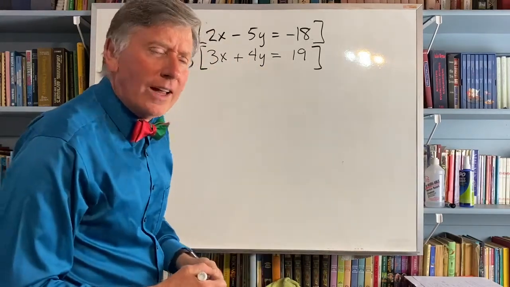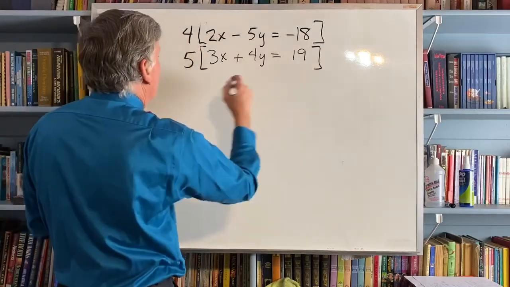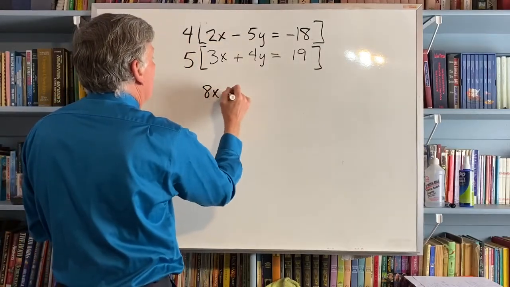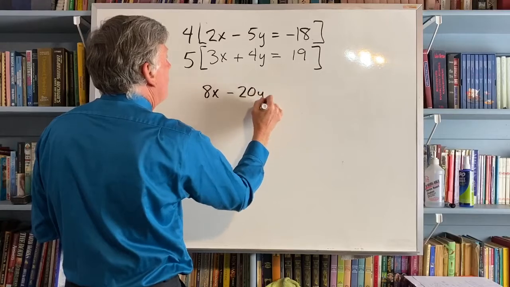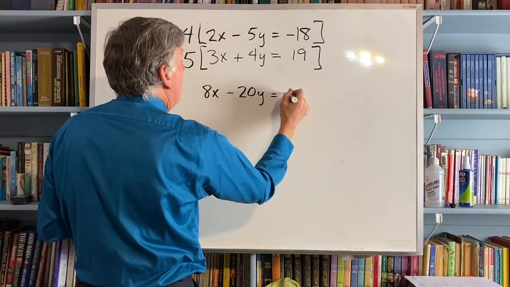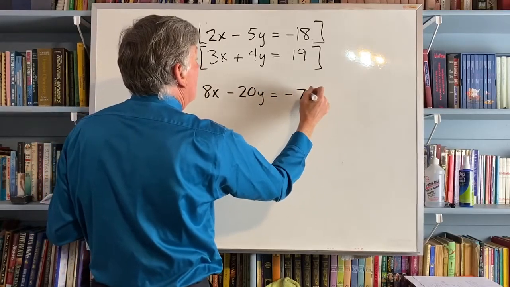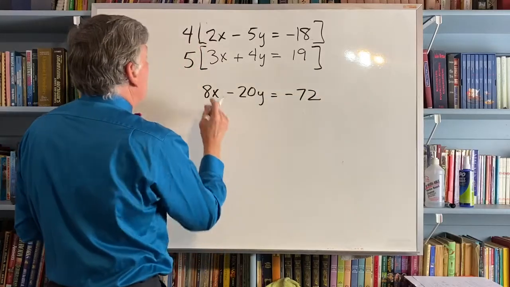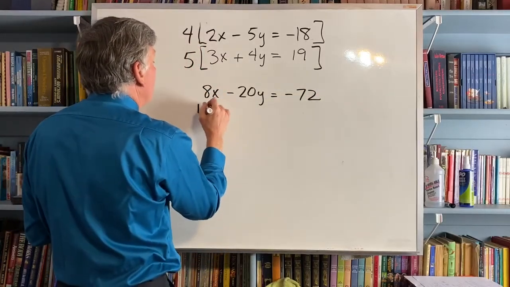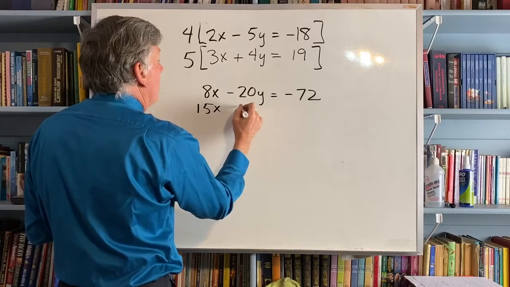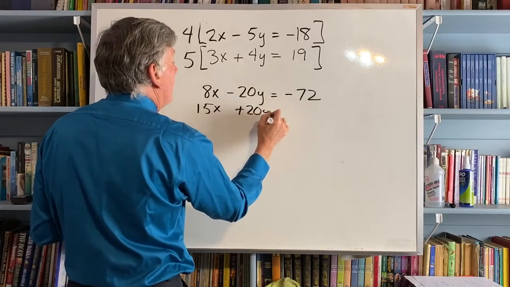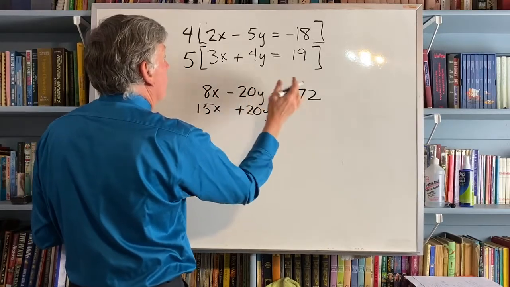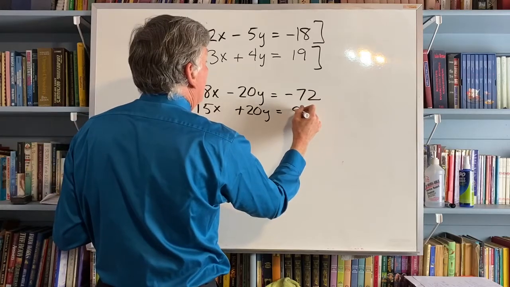Best thing to do is watch. Multiply through the top one, I get 8x minus 20y is equal to minus 72. On the bottom, I get 15x plus 20y is equal to 95.